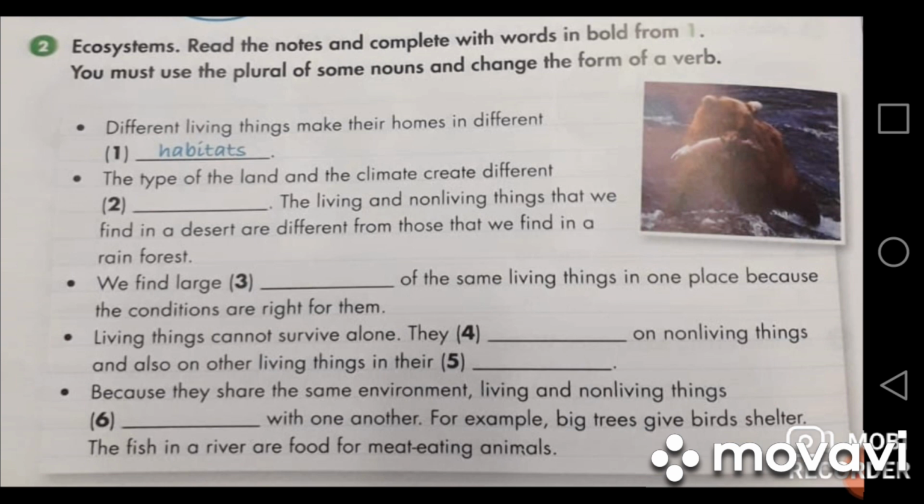Living things cannot survive alone. They dash on non-living things. They depend on non-living things and also on other living things in their community. In blank number 4, you will write depend on, and in blank number 5, you will write community.